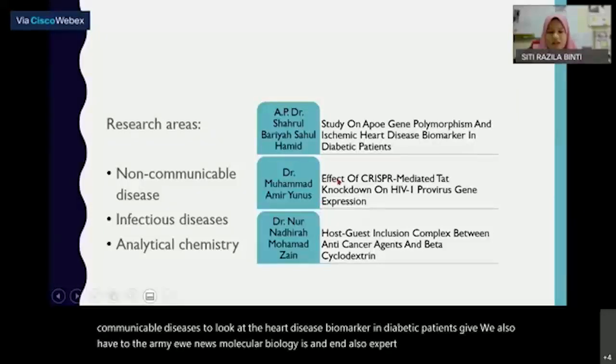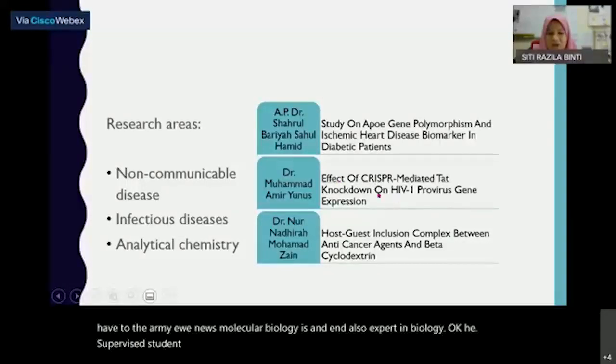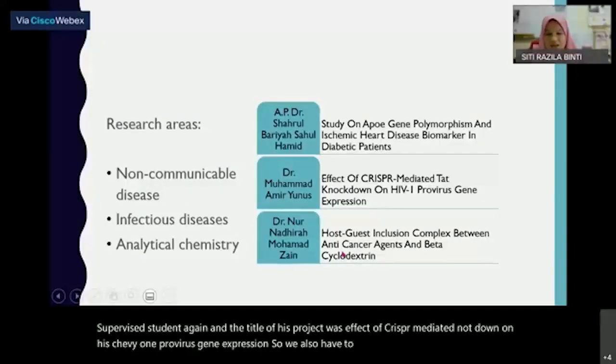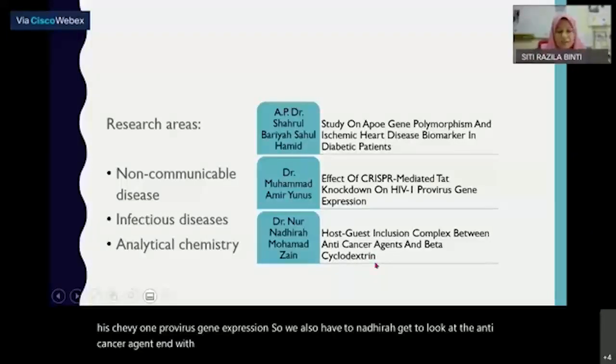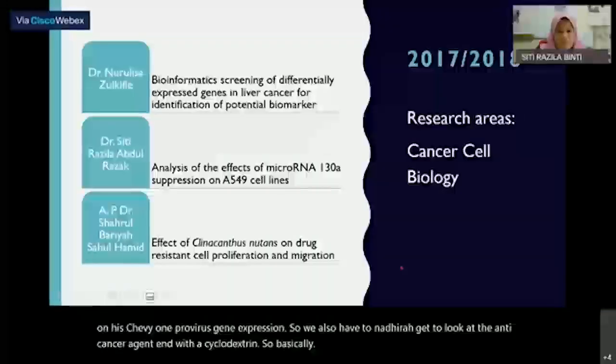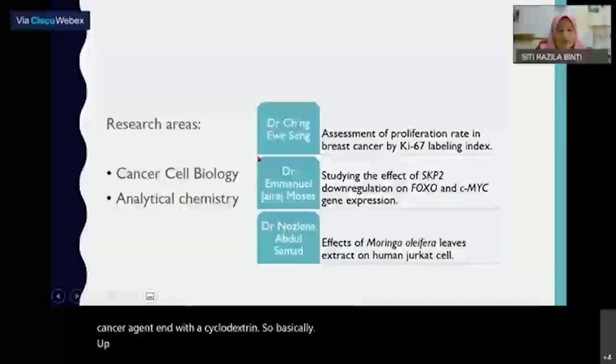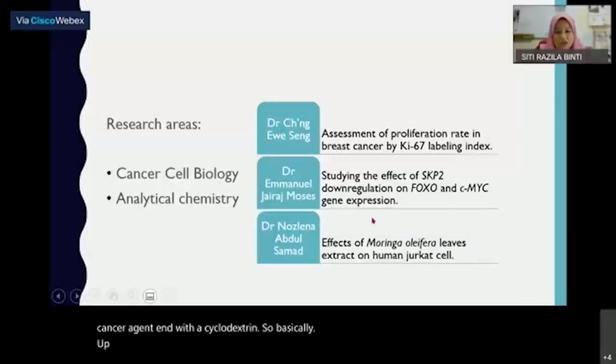He supervised a student whose project was titled Effect of CRISPR-mediated tag knockdown on HIV-1 provirus gene expression. We also have Dr. Nadira, looking at an anti-cancer agent and beta cyclodextrin. So basically, this is an example of research projects.